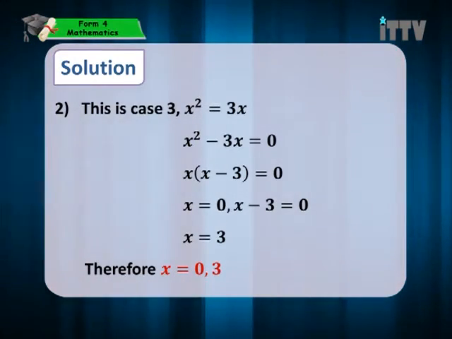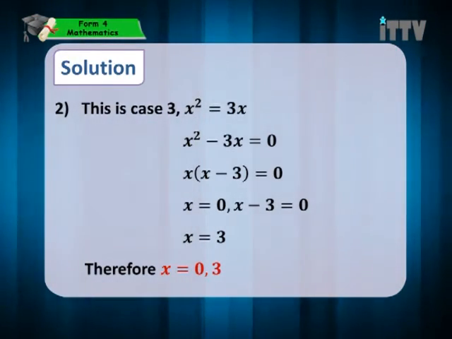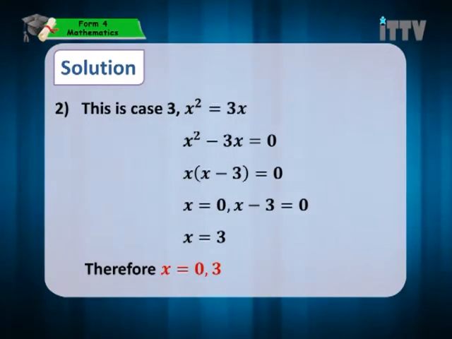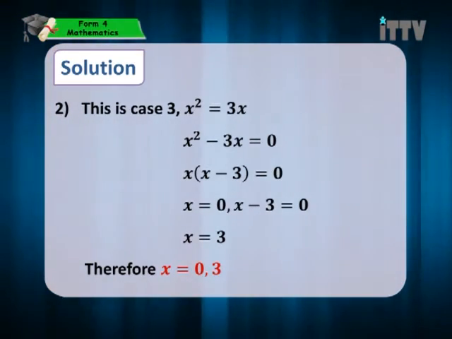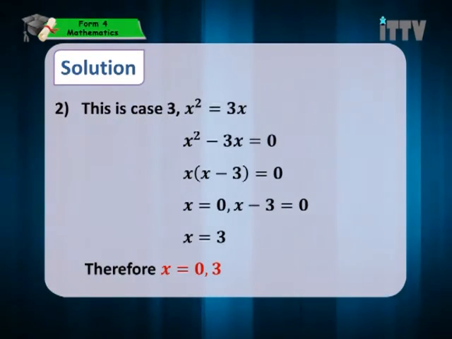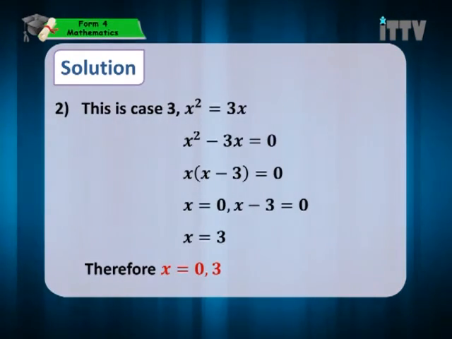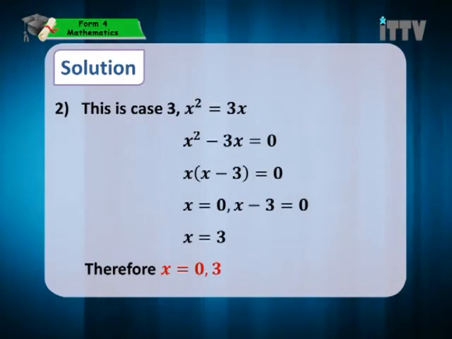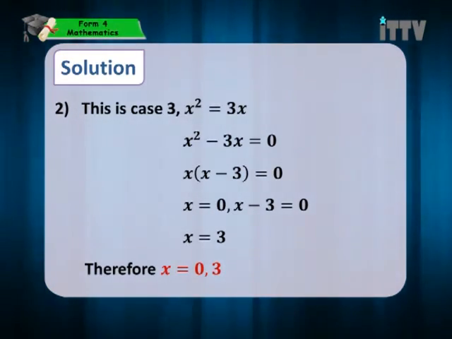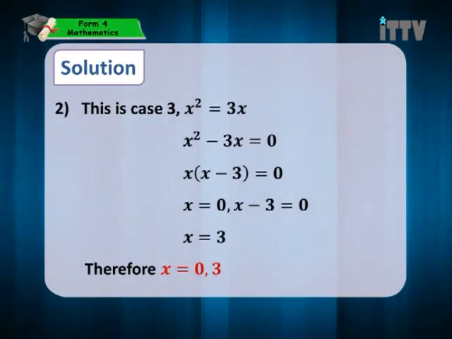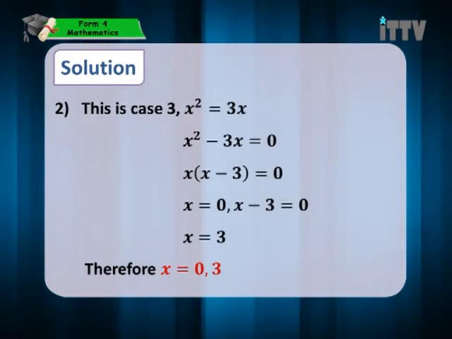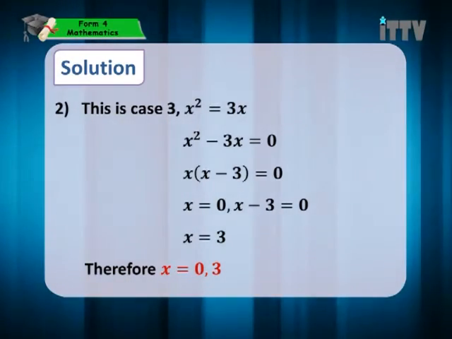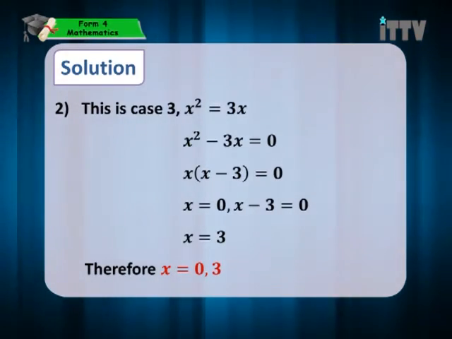Since x squared equals 3x, bring it over to general form: x squared minus 3x equals 0. Factorize: x bracket x minus 3 equals 0. Equate each factor with 0: x equals 0, x minus 3 equals 0, so x equals 3. Therefore, the roots are 0 and 3.